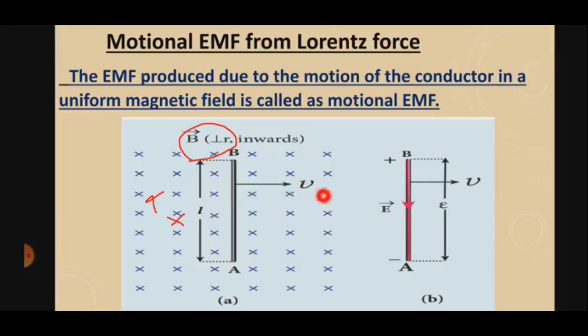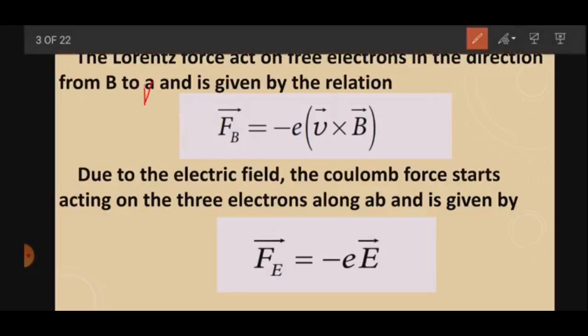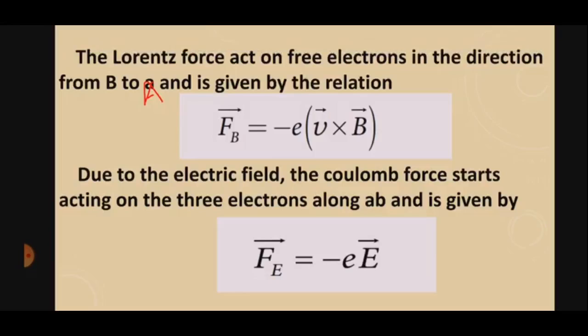We have already seen that when a charge moves in a magnetic field, it experiences the magnetic Lorentz force. This Lorentz force acts on the free electrons in the direction B to A, and is given by the relation you studied in the third lesson.